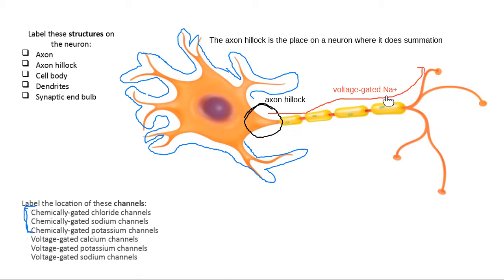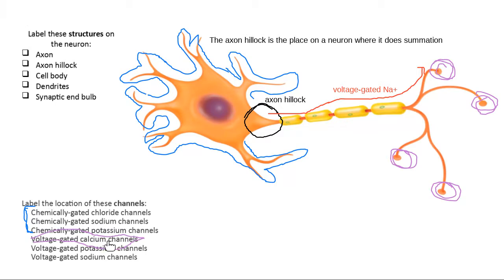We didn't talk a lot about it today, but when the positive 30 gets all the way down to my axon terminal, down here is the one place on my neuron where I find voltage-gated calcium channels. So I'm going to circle these spots here. Oh, that was terrible. Here comes a really terrible circle, guys.